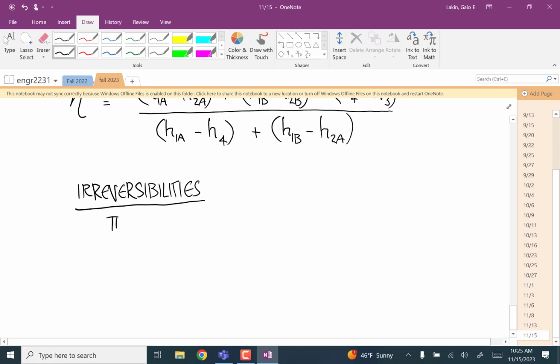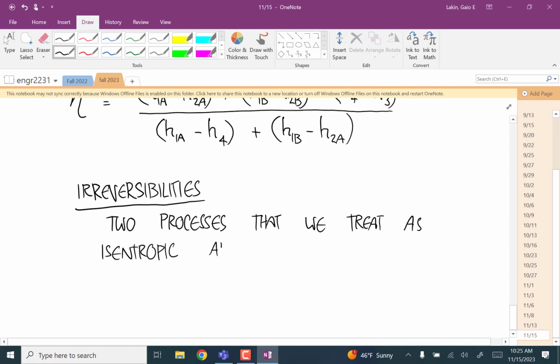The two processes that we treated so far as isentropic are really adding entropy.